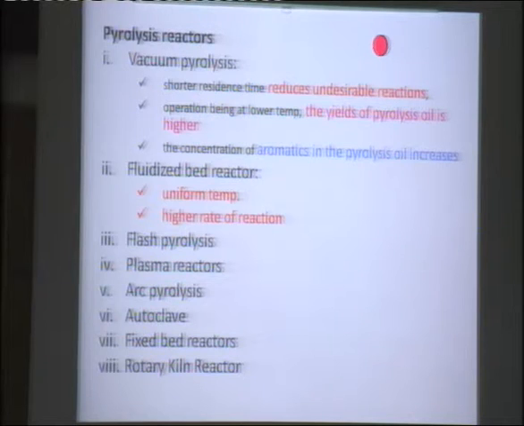Okay. Now you can see the calorific value of waste tires. This waste tire calorific value is much less, 7,000 to 10,000 kilocalorie per kg. But that can be utilized for generation of heat and power.